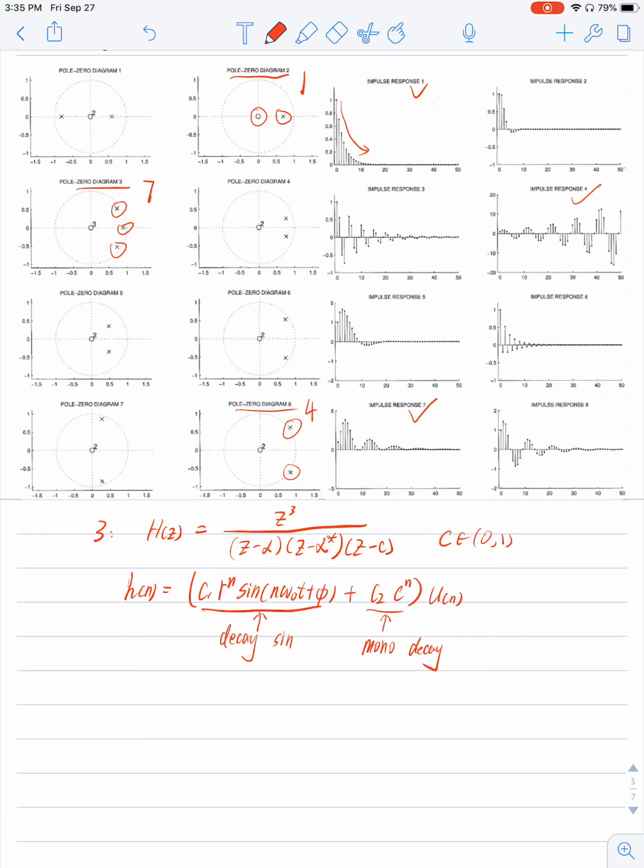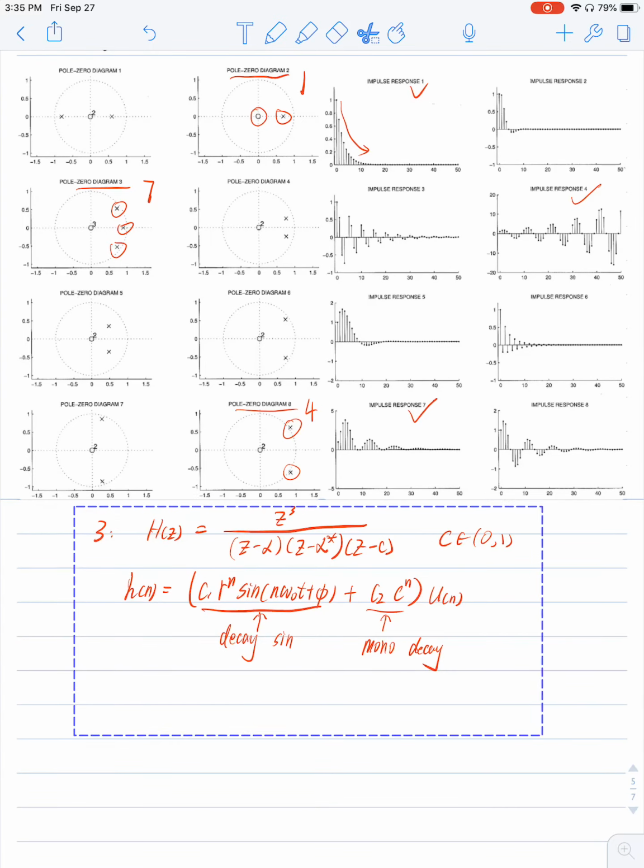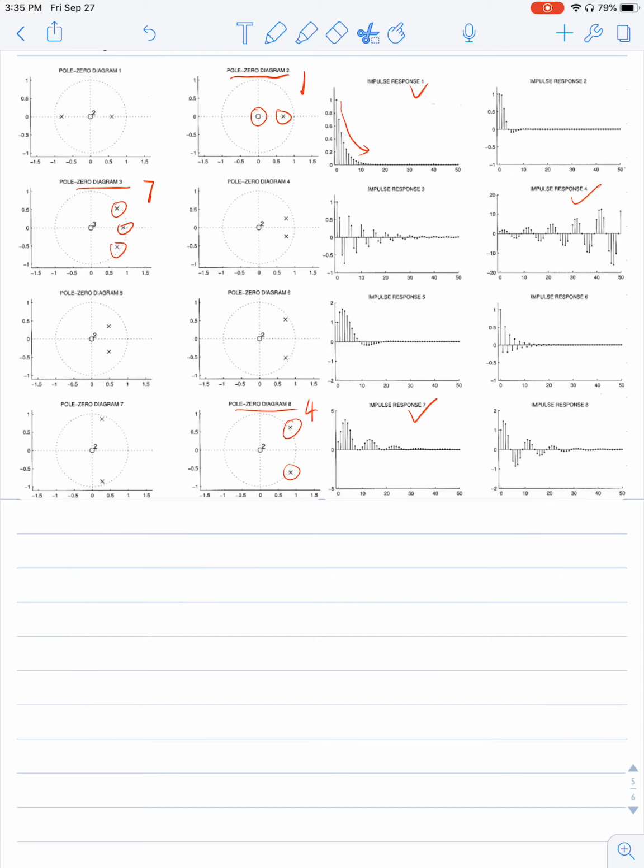Now let's look at diagram 1. It has 1 negative pole and 1 positive pole.